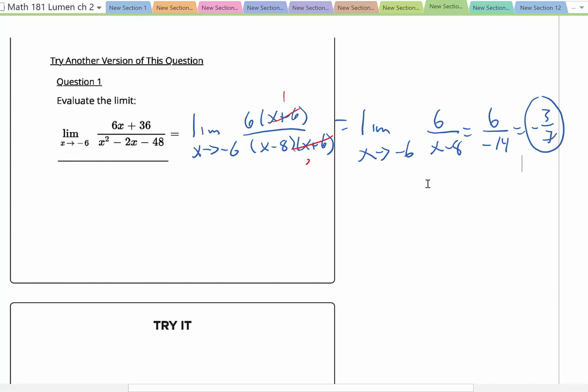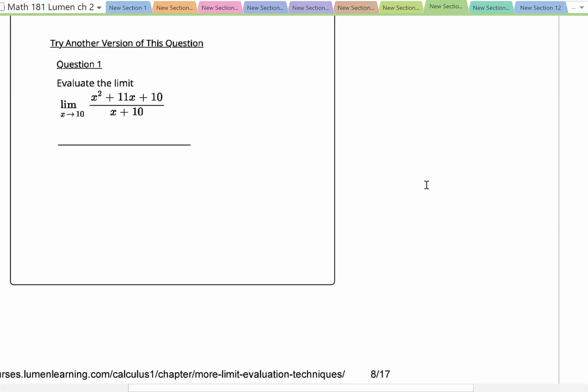Okay, let's do another one. Hoping that the numerator factors with an x plus 10. It looks like it does. We have the limit as x approaches 10 of x plus 10 times x plus 1 over x plus 10.